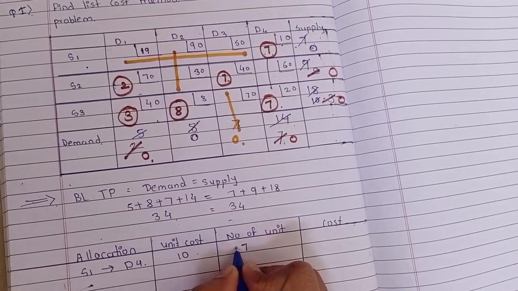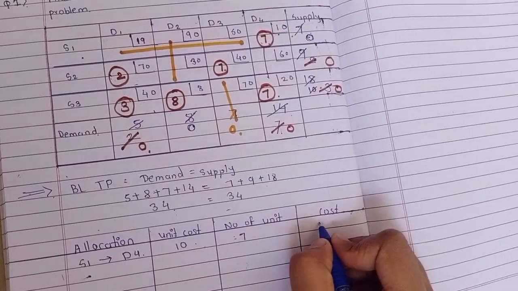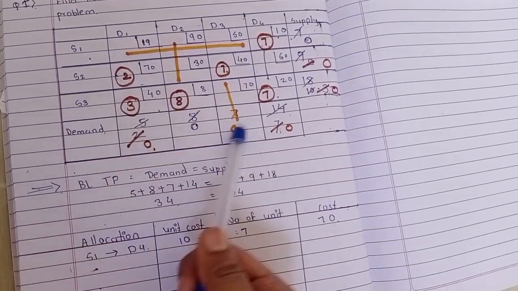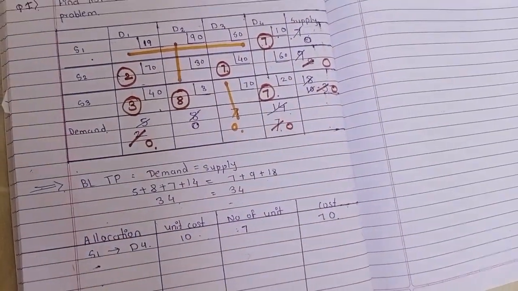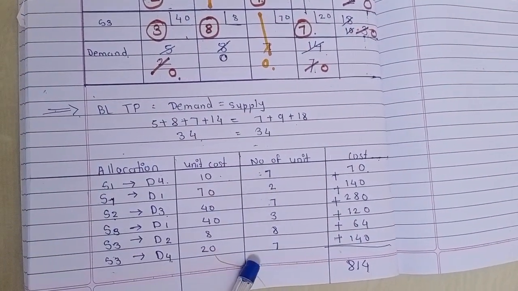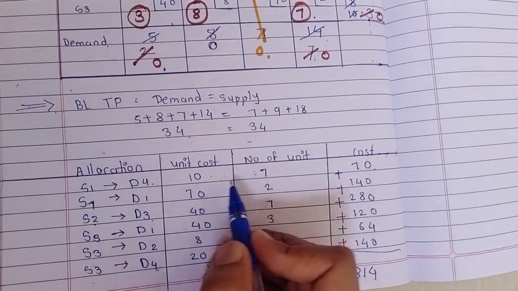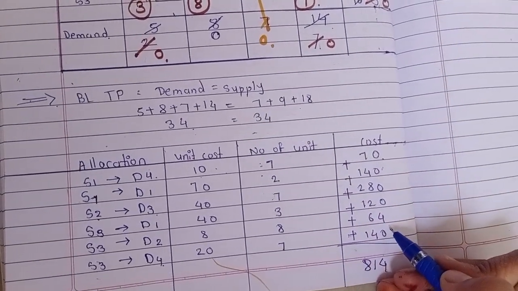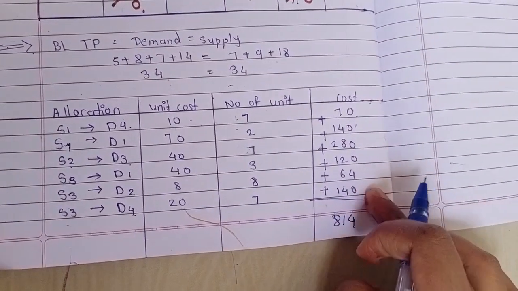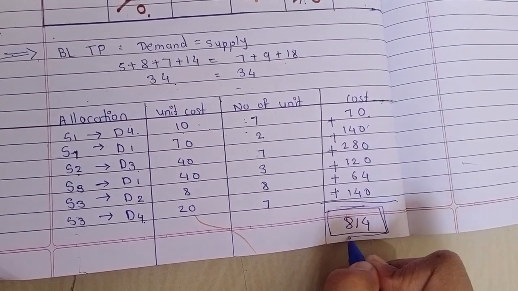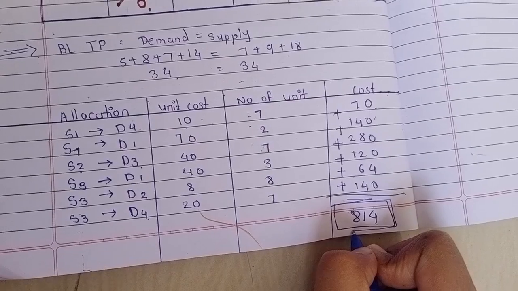So multiplying both, 10 into 7 is 70. We do this for all the cells present in this block. We write down all the allocations, unit cost and number of units, then multiply the unit cost by the number of units to get the cost. The addition of all these costs is the minimum value, or the minimization, of this transportation problem.